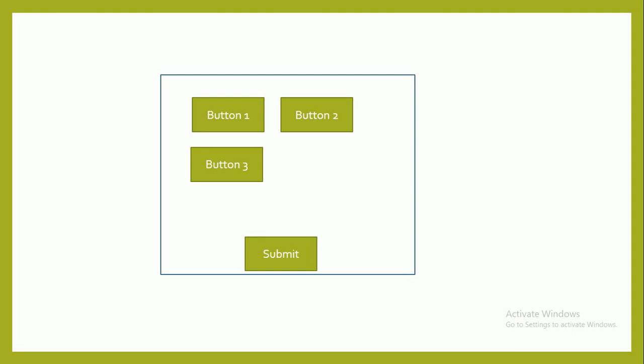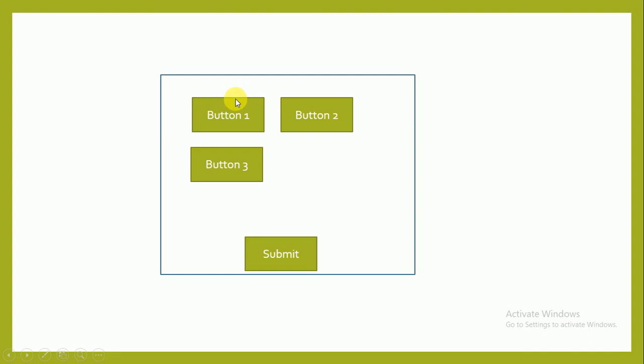As you can see in the picture, the blue border is a parent view. Button 1, button 2, button 3, and the submit button are child views. Button 1 is relative to the parent view. The left edge of button 1 is relative to the left edge of the parent view.